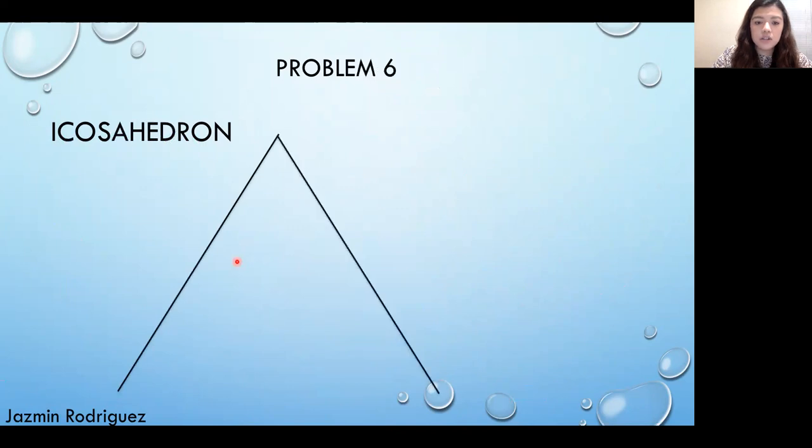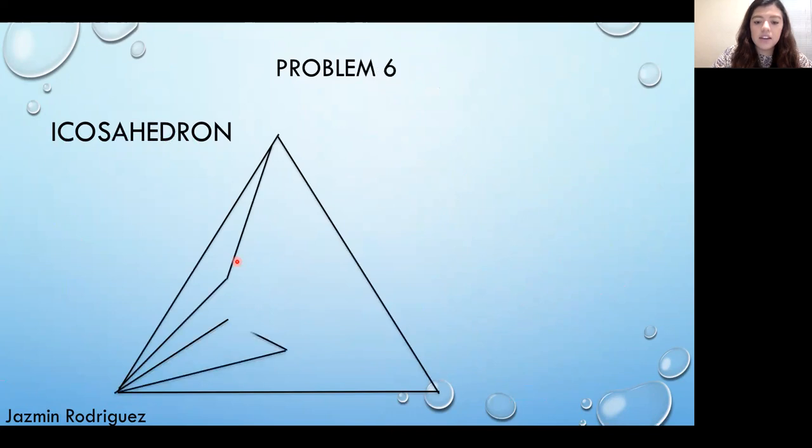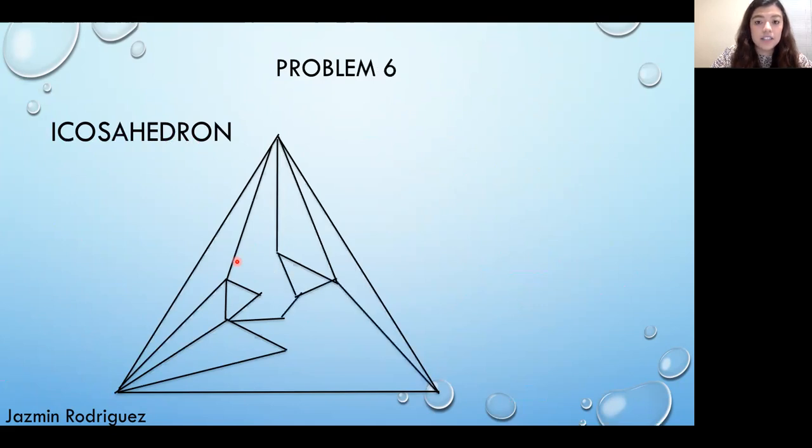There's 1, 2, 3, 4, 5, 6, 7, 8, 9, 10, 11, 12, 13, 14, 15, 16, 17, 18, 19, 20, 21, 22, 23, 24, 25, 26, 27, 28, 29, and 30. So we've got the 30 segments that build our icosahedron.